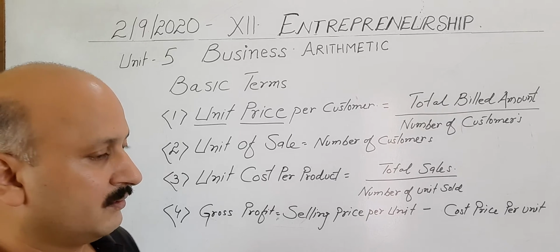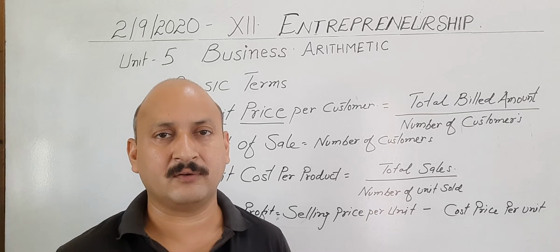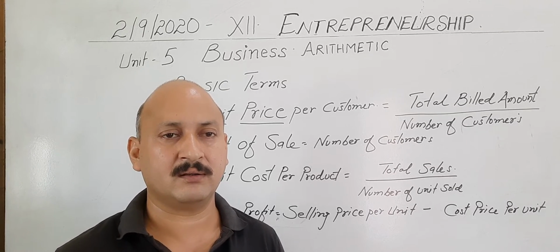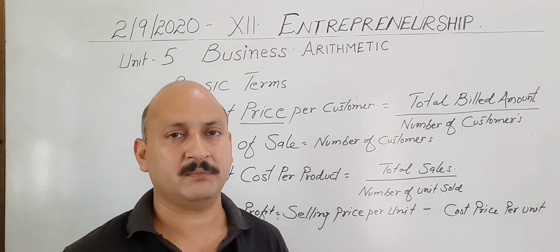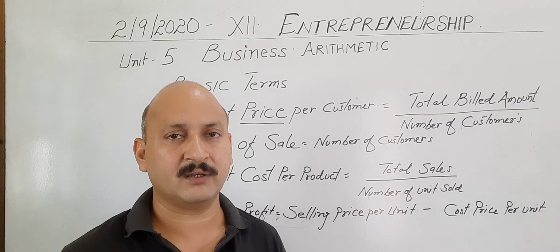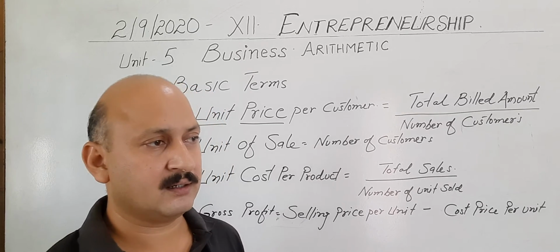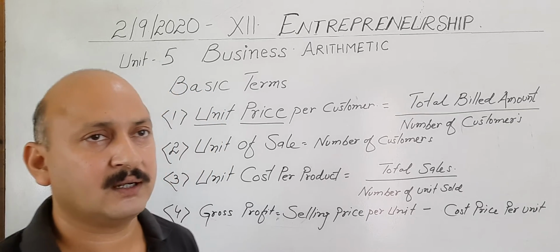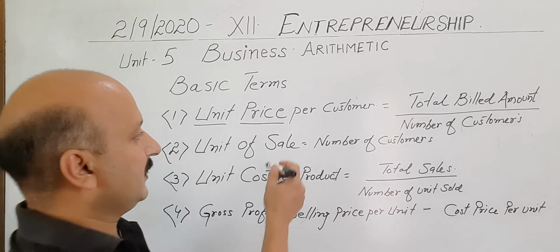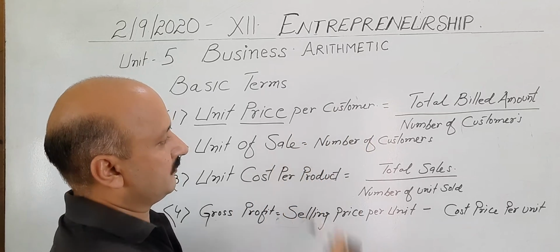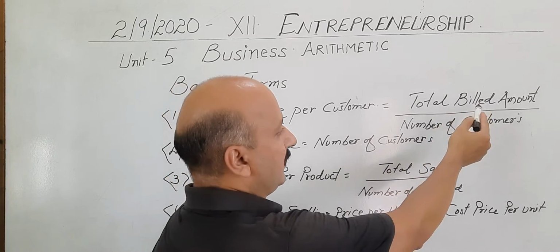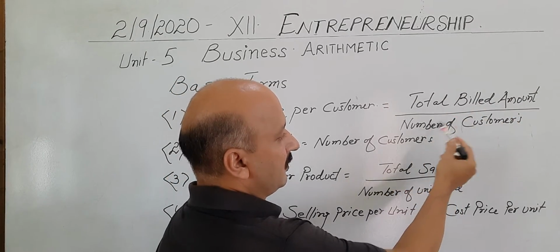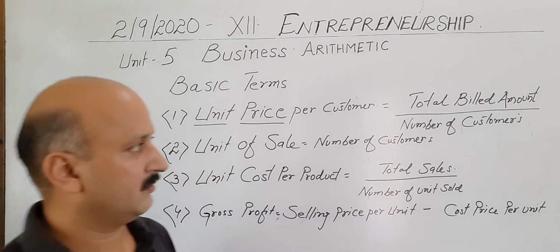Unit price is the price of a particular product in singular form, means price of one unit. But here we need to calculate the unit price per customer. Then the formula is total billed amount upon number of customers.